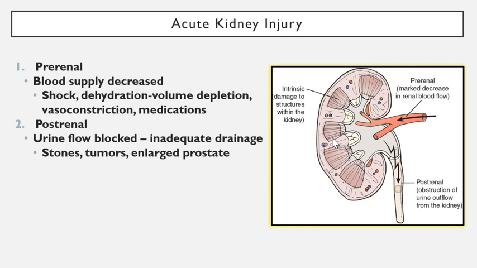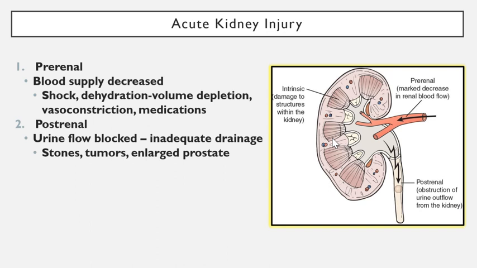And so there are, depending on where the injury occurs, a number of things that can cause injury, but we try to classify these things based off of if it's pre-renal, meaning this is something to the vessel supplying the blood supply that gets filtered by the kidney.